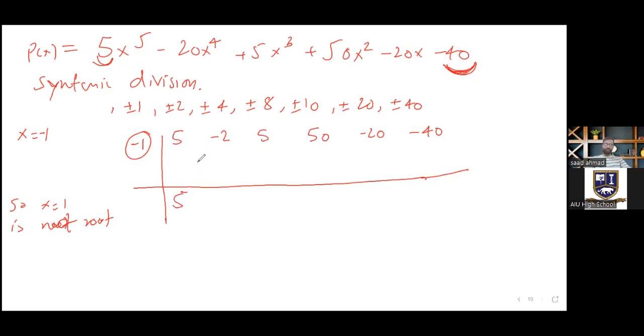Then 5 times -1 is -5. That will give us -7. Then -7 times -1 will give us 7 again. So it becomes 12. 12 times -1 will give me minus.